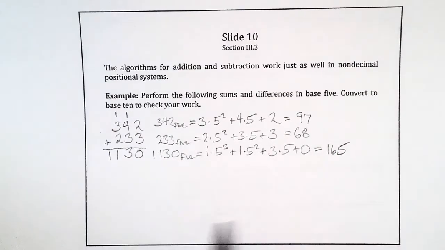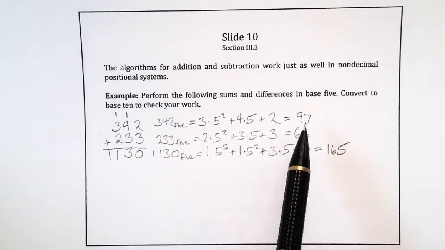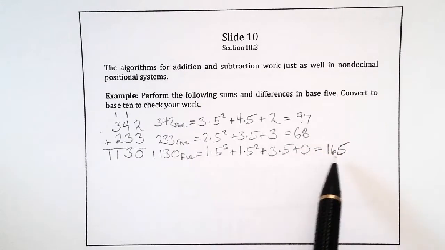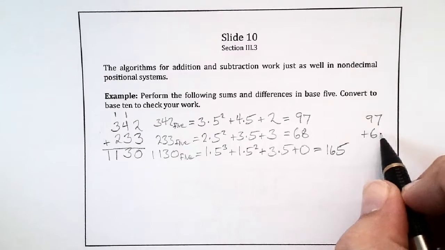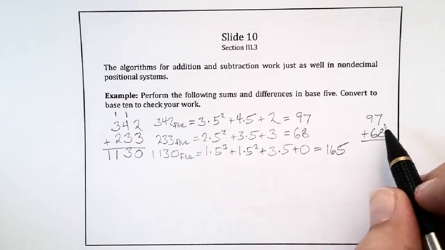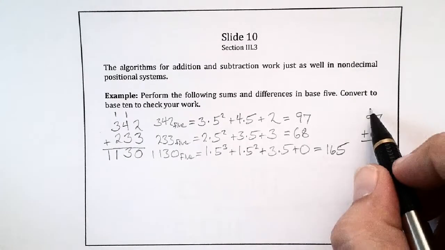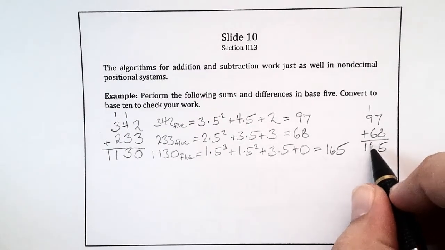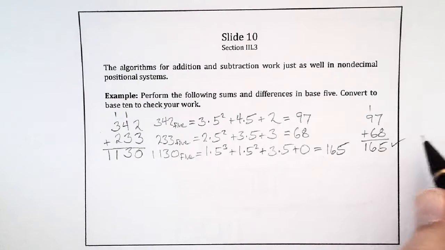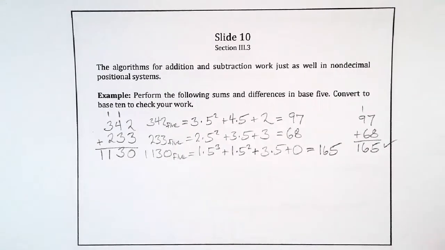And if I did my work over here correctly, when I add 97 to 68, I should get 165. So now I'm doing a base 10 addition. 7 plus 8 is 15. I make an exchange. 1 plus 9 plus 6 is 16. I get 165, and that works out then.